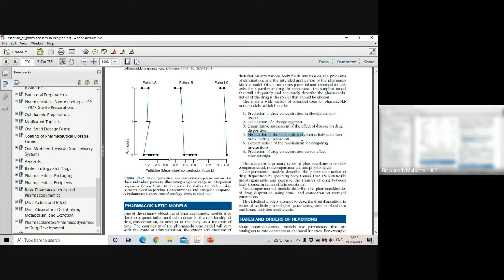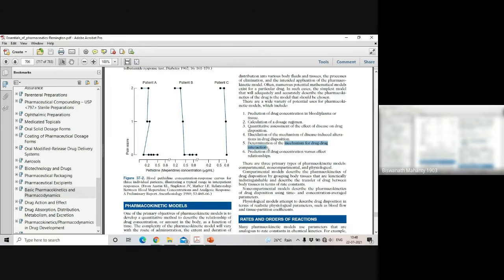Elucidation of mechanism: disease-induced alteration in drug disposition. If there is any change, what is the mechanism, why is the drug not taking effect in this body or system? I can measure it. What are the disease-related factors? Yes, if disease is involved, the metabolism of the drug will be altered, right? We can also find out the mechanism of drug-drug interaction.